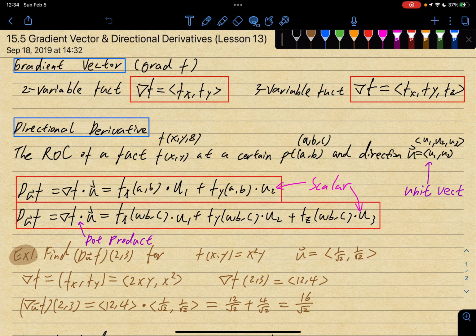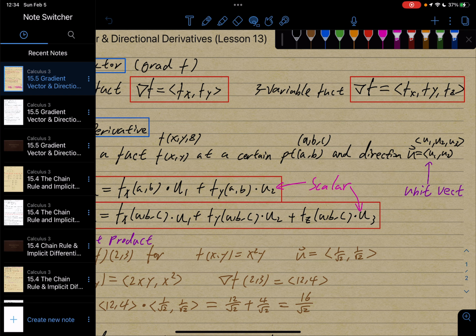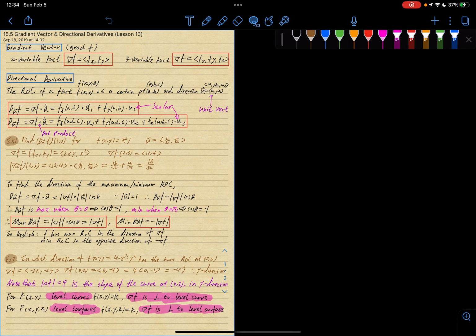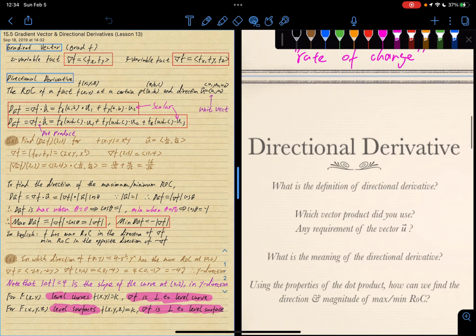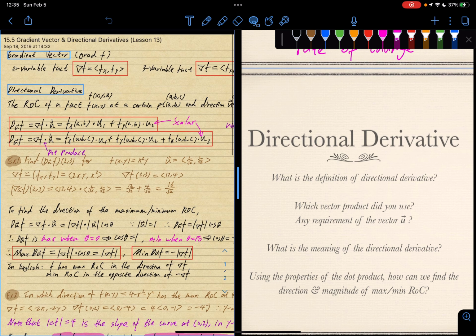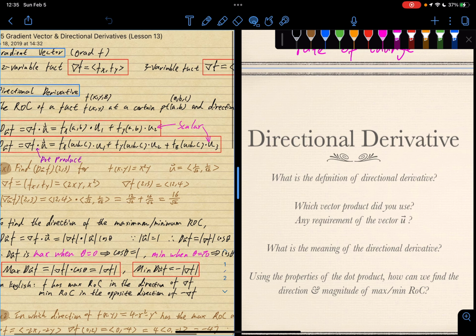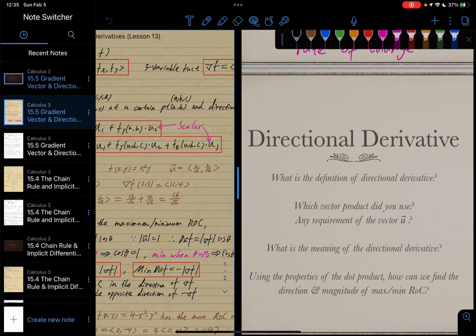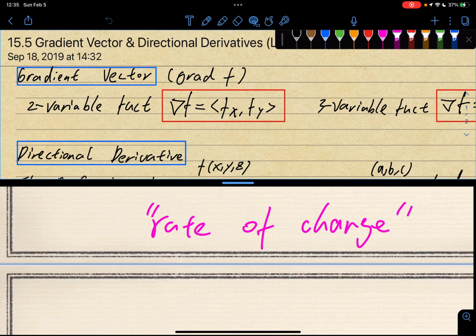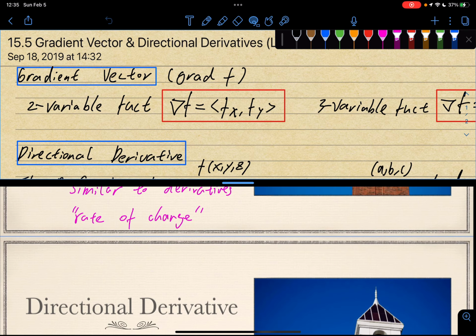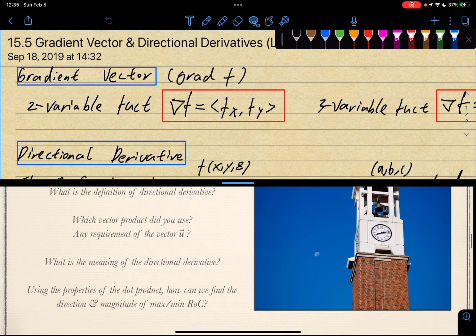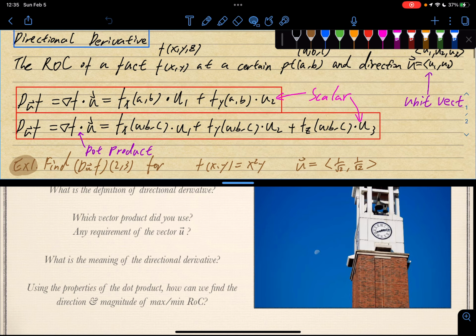And then let me go ahead and open my slides as well. So I just showed you the definition of directional derivative. So switch orientation, so here you go.